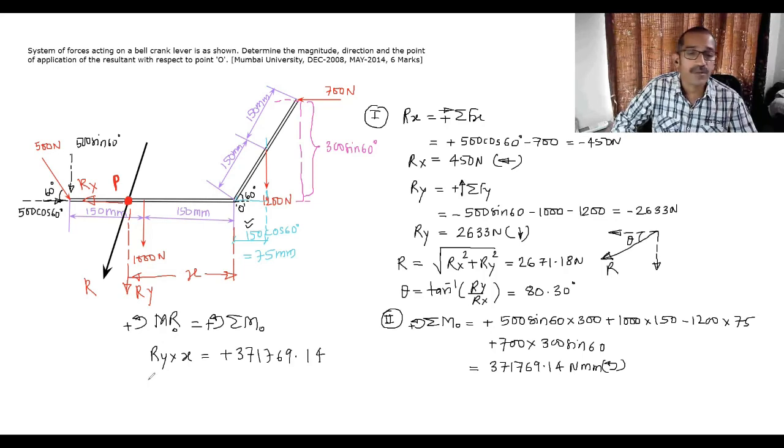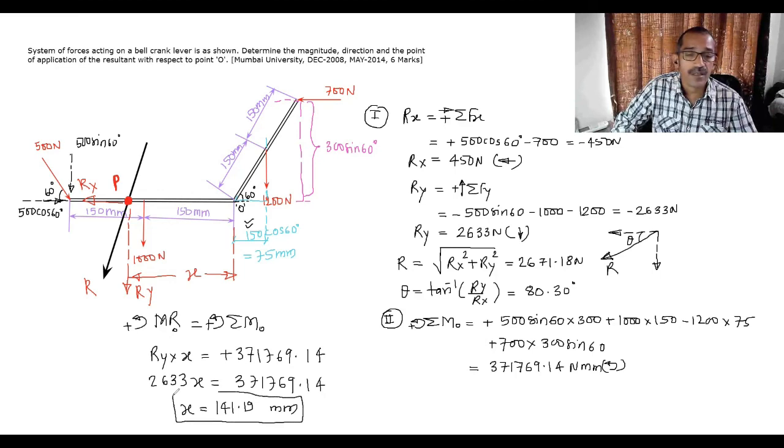Substituting the value of Ry, 2633 x equals 371769.14. Therefore, x, you will get in millimeters, comes out to be 141.19 millimeter.